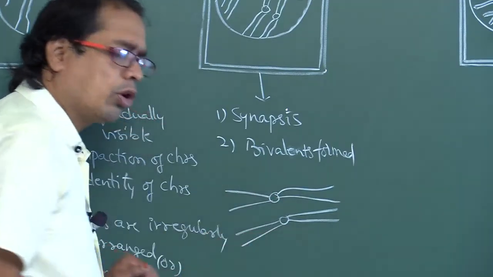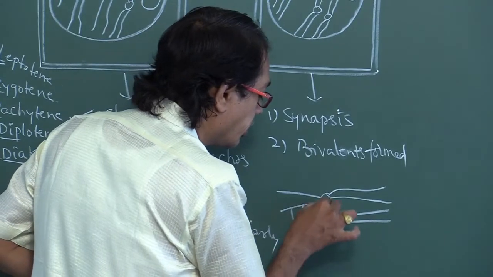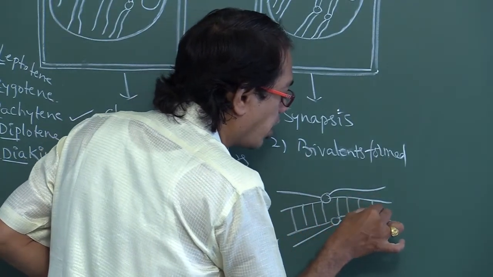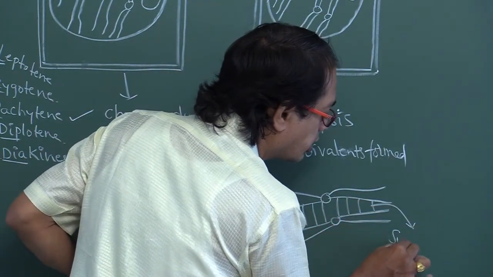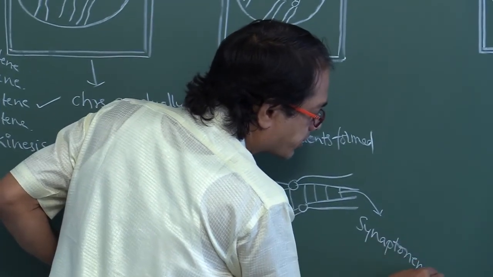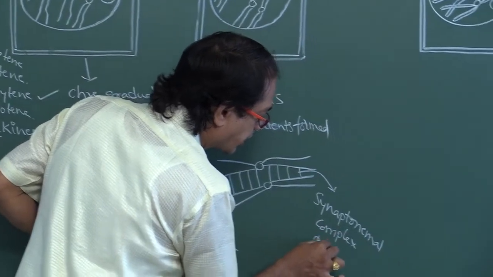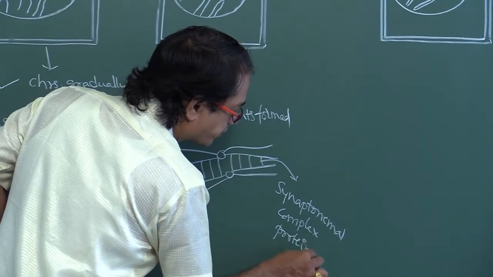A pair of homologous chromosomes get together, and a proteinaceous structure is formed. This is the so-called synaptonemal complex, which is proteinaceous.